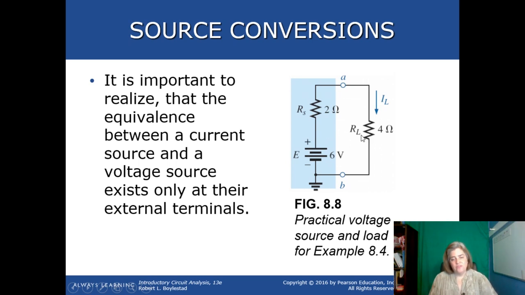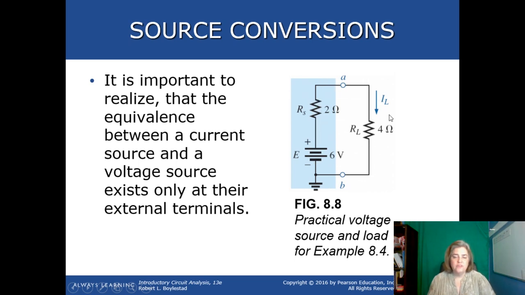So let's look at our example here. What would our load current be for this 4 ohm resistor based on our voltage source? Well, this looks like just a series circuit right now. So if we have a 2 ohm resistor plus a 4 ohm resistor, we have a total of 6 ohms, right? And 6 volts divided by 6 ohms means we have 1 amp of current coming from the source.